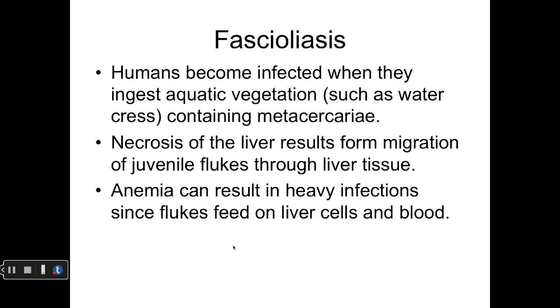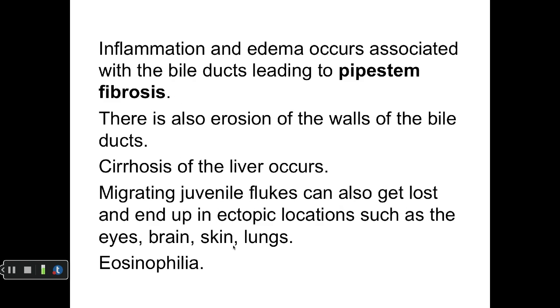And if there is significant damage, the liver has a rich vasculature, and so you can have a lot of bleeding that results. And sometimes people become anemic if they have heavy infections. So that's due to some bleeding based on the migration, but it's also because the sheep liver fluke feeds on blood as well as on liver cells and tissue.